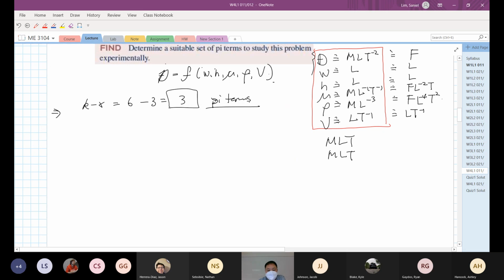Once you find out the number of the pi terms, then what is the next step of the analysis? Repeating variables, which is critical. So you have to choose the repeating variables here. All right, I'm going to choose here.